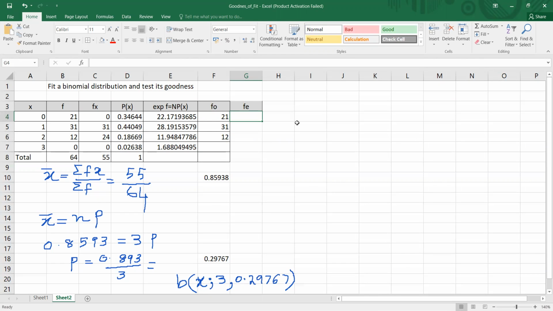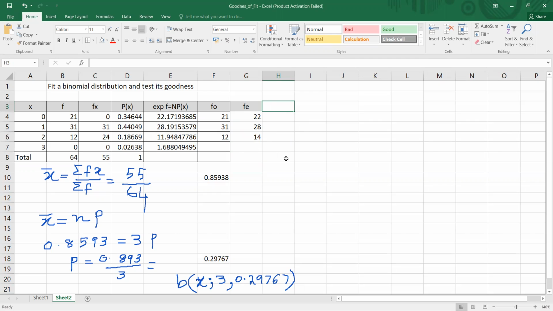I'm rounding these expected frequencies: 22, 28, and 11.9 and 1.6 to be added, so 12 plus 1 is 13, 13.5. I'm computing the rest as 64 minus 22 minus 28, because the rest of the frequencies will be there. It is approximately 12, and approximately 2, so 12 plus 2 becomes 14. The total of the expected and observed will remain the same.